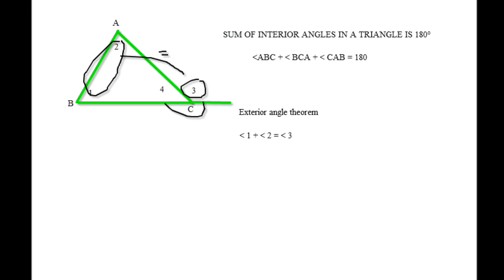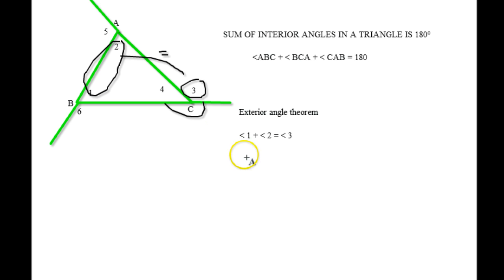Now, does that work for all the angles? Yes, it does. If I were to continue to draw off at certain angles, let me move this one over a little bit, and then we'll start drawing out theorems. So let's say that this was angle 5 and that this was angle 6.